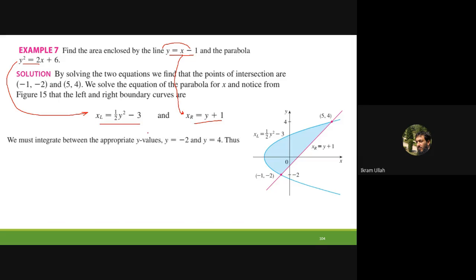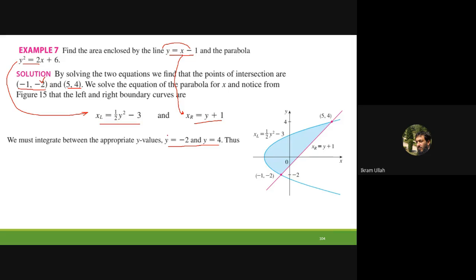Now we must integrate between the appropriate y values, y equals minus 2 and y equals 4. The question arises of how you select these y values from the points of intersection. Since we are integrating with respect to y, we choose the lower value, minus 2, and the highest value, which is 4.